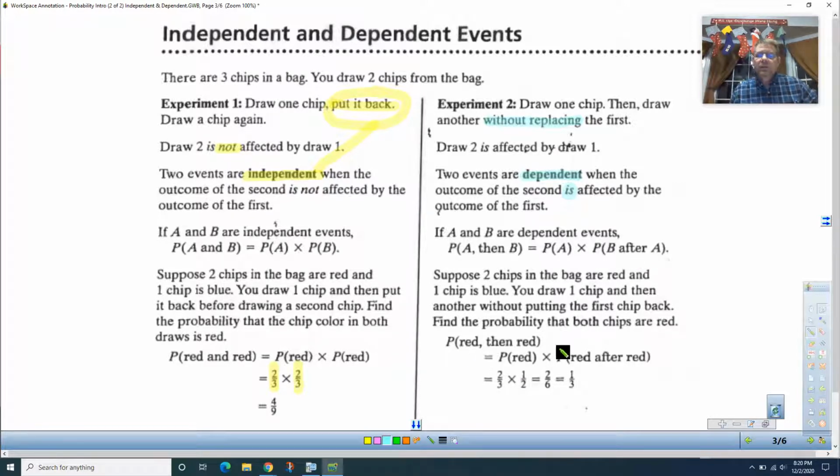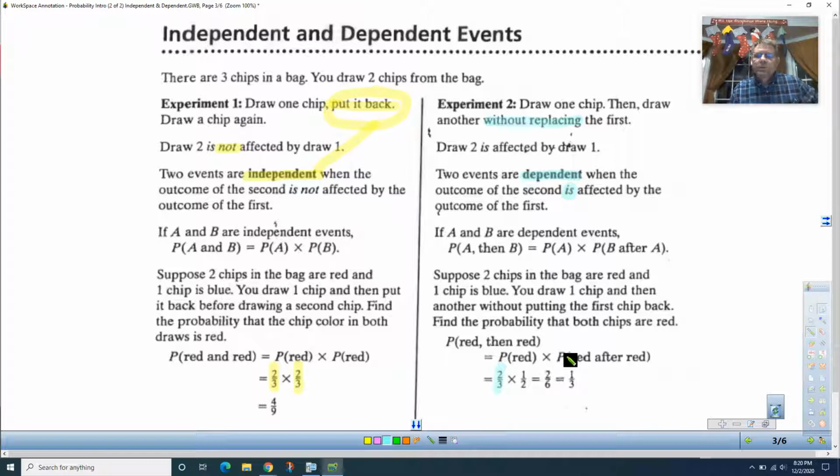So what does that look like down here? We've got 3 chips in there and we reach in. What's the probability of getting a red and then red again? The probability of getting a red is 2 out of 3. Now we put that to the side.